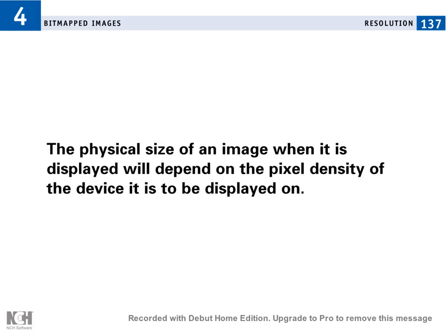So there is no physical size for the image, but when it is displayed onto the screen, or you have to print it on the paper, you have to scale it. So it will depend on the pixel density of the device.